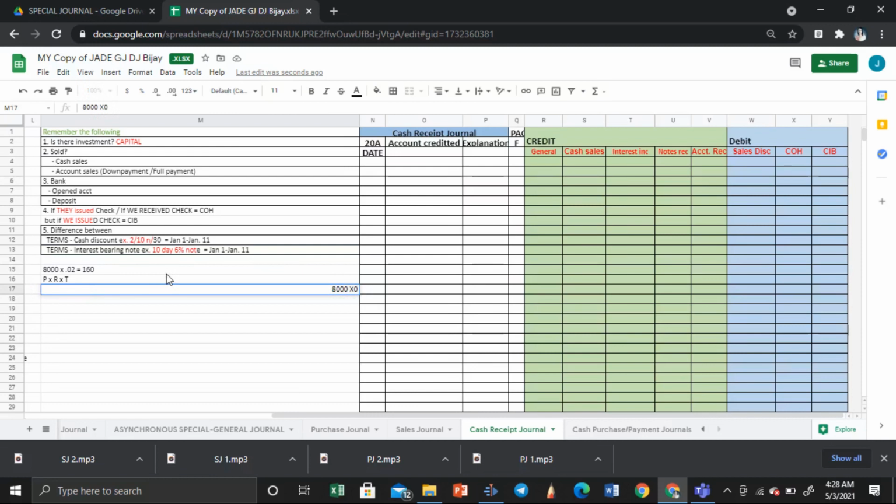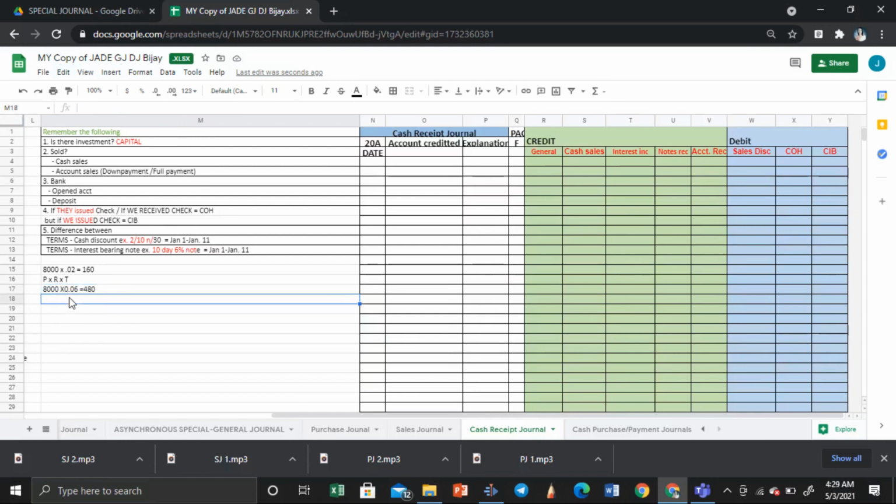Sa 0.06, kasi once you converted 6% into decimal, magiging 0.06. Ilan ang lalabas? 8,000 times 0.06 is 480. Lagay natin 480. Done na ba? Hindi pa, kasi yung ginawa mo is principal amount or original amount na 8,000, i-multiply mo pa lang kay rate na 6% or 0.06.